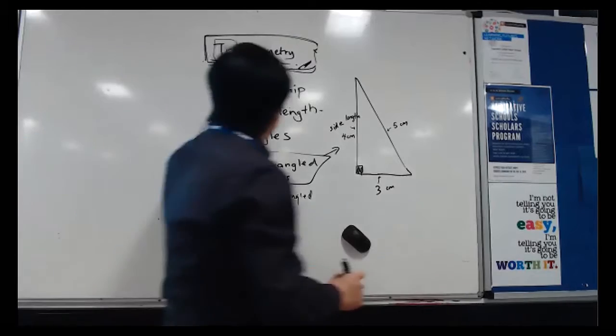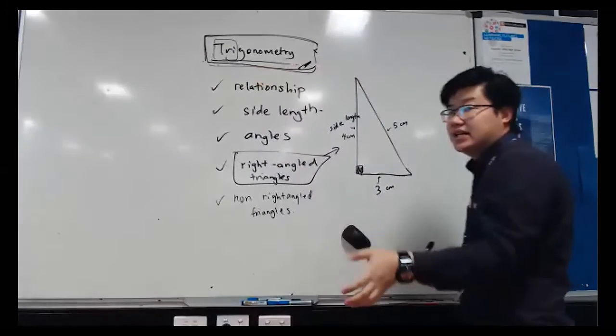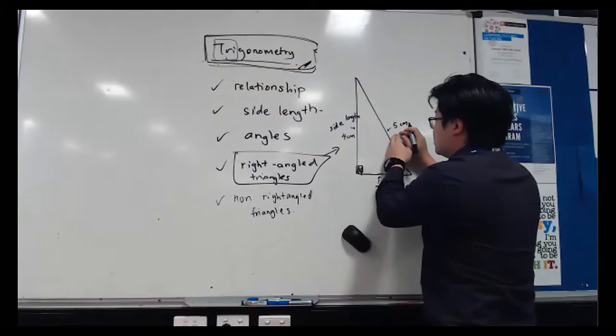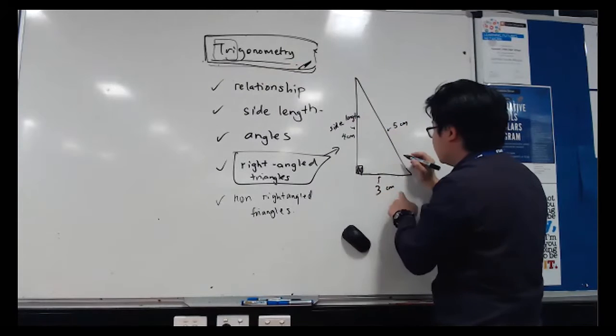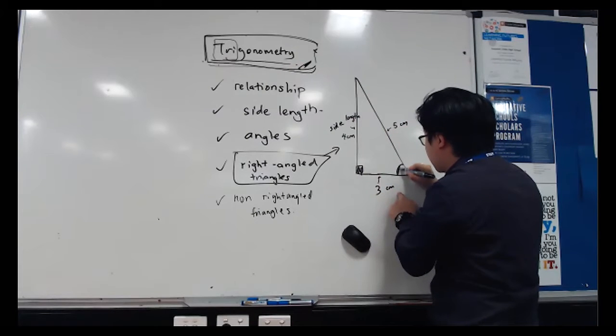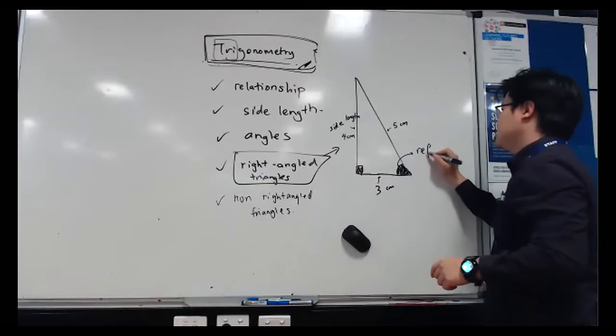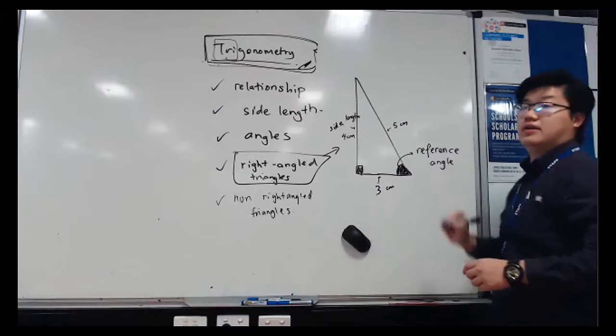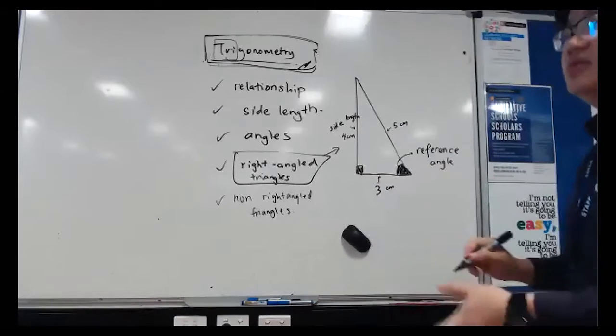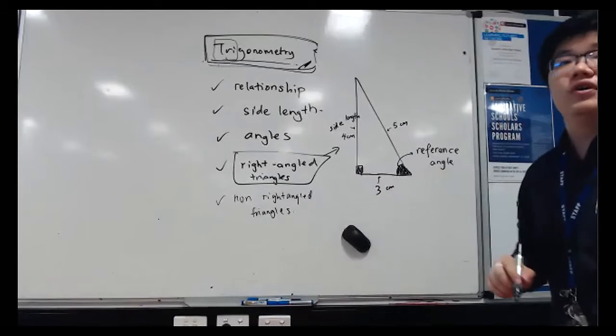What trigonometry does is we won't be dealing with just the side lengths, but we are going to involve an angle. That angle is what we call the reference angle. That's one of the terminologies of math.